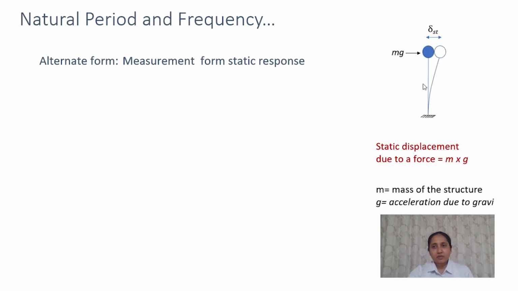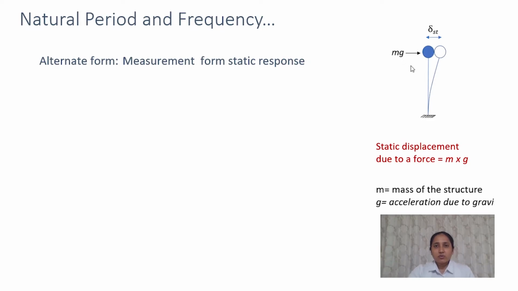Let's see. If we have a structure, say a single degree of freedom structure, which has some stiffness and some mass, we have to calculate the static displacement of that structure due to a force equal to mg, that means mass multiplied by gravitational acceleration.